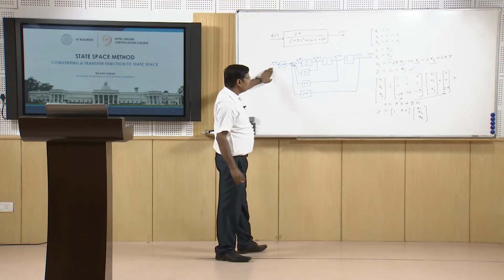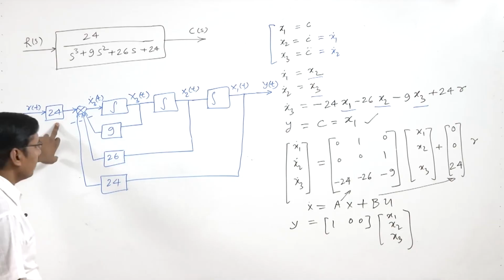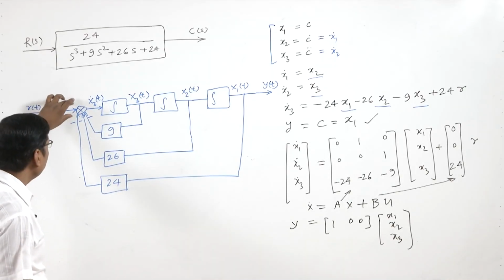So we can see here is the input r(t) with 24 r(t) as input.